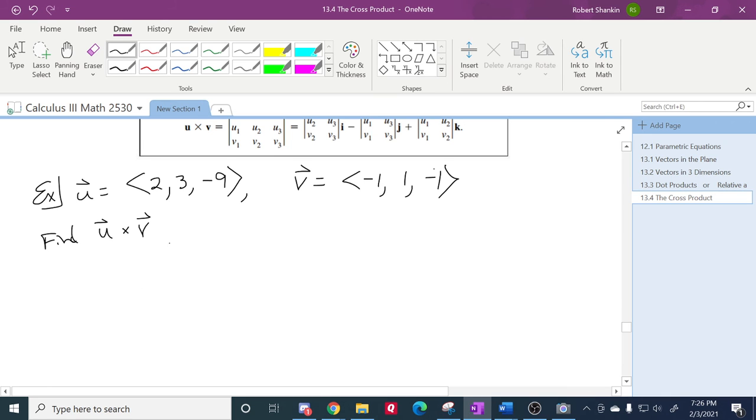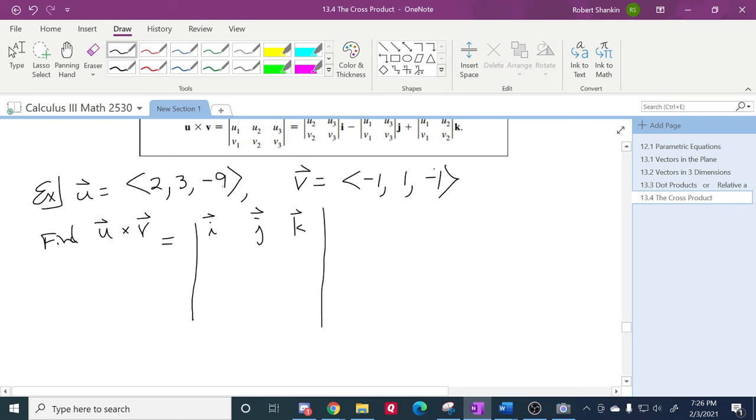Well, that's easy. We make a determinant of a 3 by 3. We put I, J, K, the unit vectors in each of the 3 primary directions across the top row.